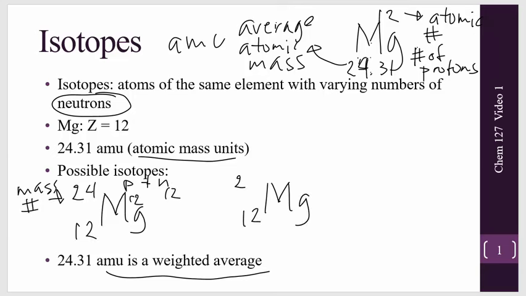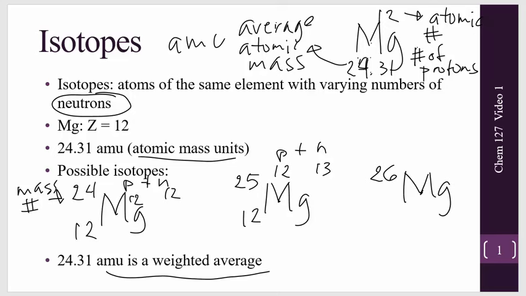One of them is magnesium-25. Its mass number is 25, still protons plus neutrons. We'll always have 12 protons, although here we're going to have 13 neutrons in this particular magnesium atom. Then the other common isotope for magnesium is magnesium-26. We don't always have to write the atomic number in the atomic symbol, because if we have the magnesium part, we already know it has 12 protons.